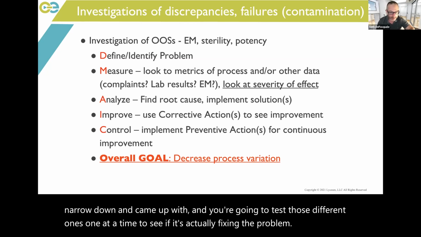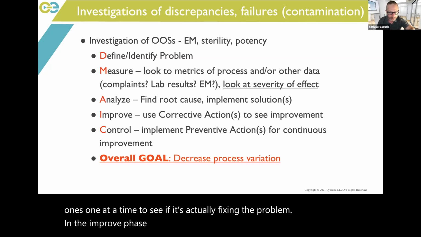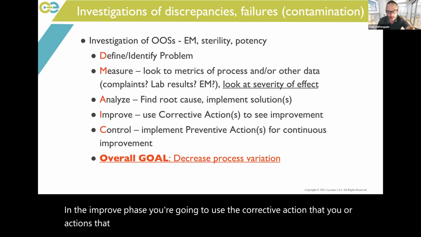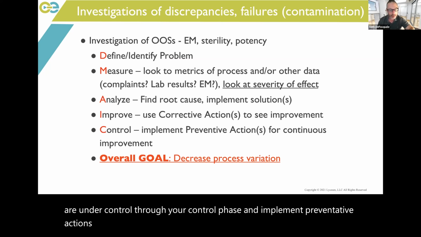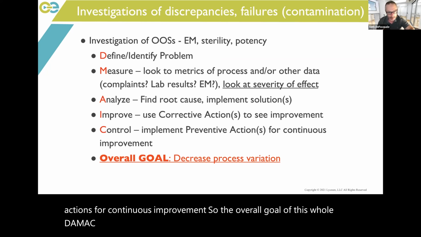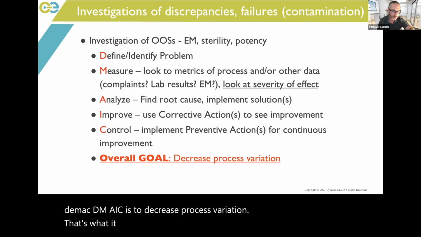In the improve phase, you're going to use the corrective action or actions that you selected, and you're going to want to make sure that they're under control through your control phase, and implement preventative actions for continuous improvement. So the overall goal of this whole DMAIC is to decrease process variation. That's what it all boils down to.